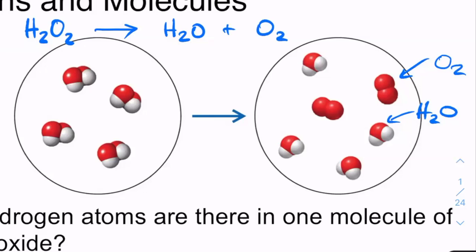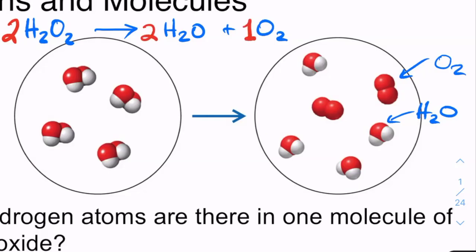So we handle that in this case with using coefficients in front of each material. In order to obey the law of conservation of mass, in this case, we need to react 2 molecules of hydrogen peroxide, and that will then produce, when it decomposes, 2 molecules of H2O and 1 molecule of molecular oxygen. Now, don't worry about that balancing act.